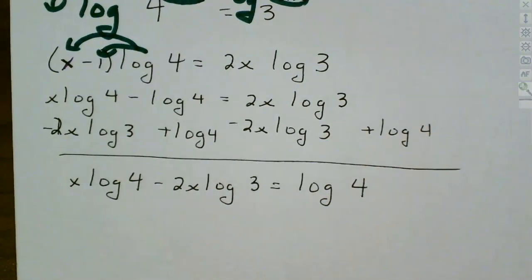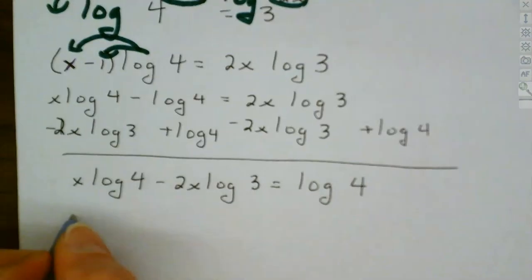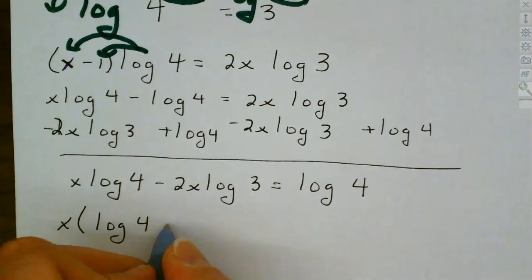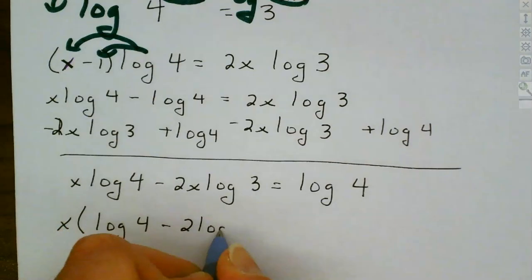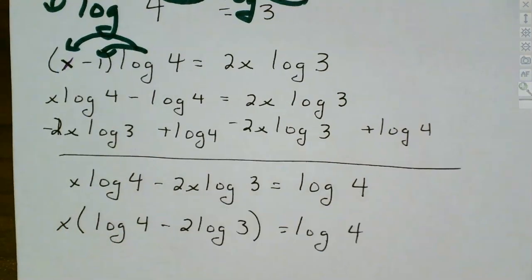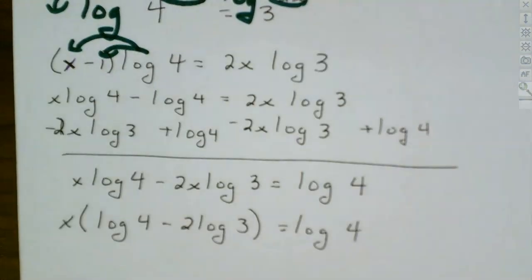We still have to do quite a bit of work, but now it's calculated. We can now factor out that x. And when I factor out that x, that's going to leave you log of 4 minus 2 log of 3. And that equals log of 4, right? I just factor the x out. This is now going to be all calculated.